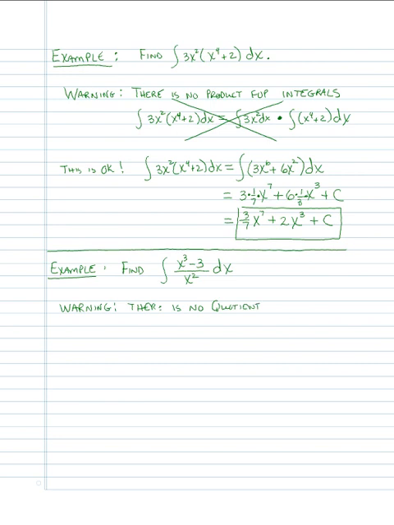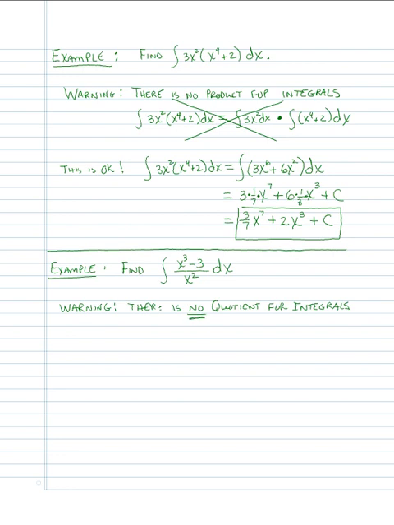Of course, the quotient rule for derivatives is very complicated, isn't it? And even the product rule is. And so you might think that there's a complicated product rule for integrals. You might think there's a complicated quotient rule for integrals. But there is none. See, there is no quotient rule.